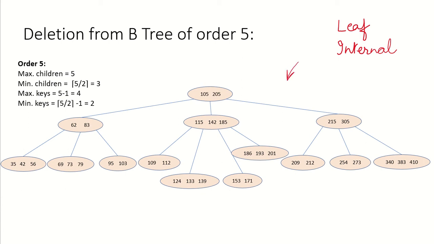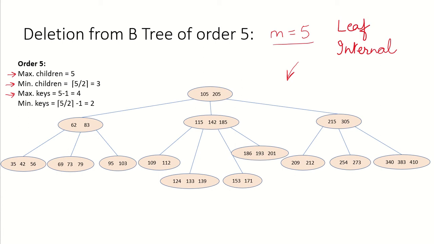So this is an example of a B-tree of order 5. That means M, which is the order or the degree of this tree, is 5. If M is equal to 5, the maximum number of children each node can have is equal to M, that means 5. The minimum number of children can be ceiling of M by 2, so ceiling of 5 by 2, which is 3.